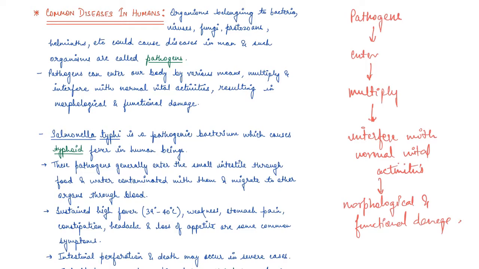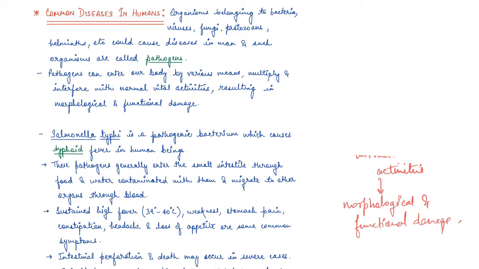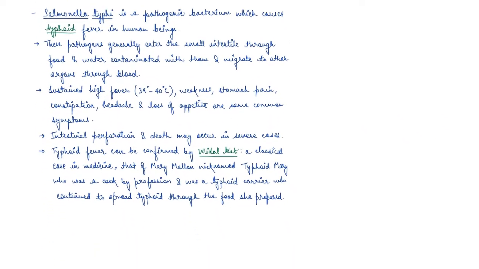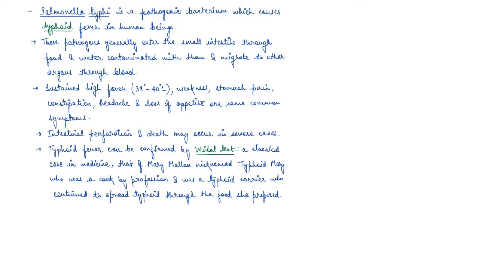So the very first disease that we're going to discuss is typhoid. It is caused by a pathogenic bacteria which is known as Salmonella typhi, right? So the disease is typhoid, and it is caused by Salmonella typhi, which is a bacteria.